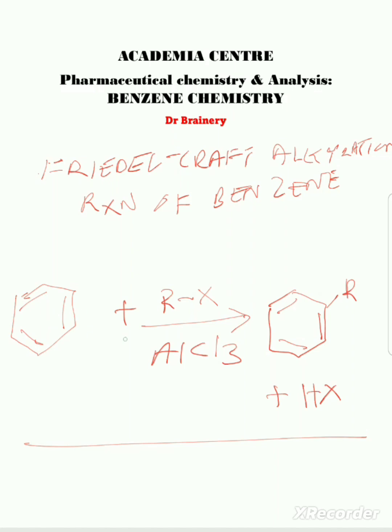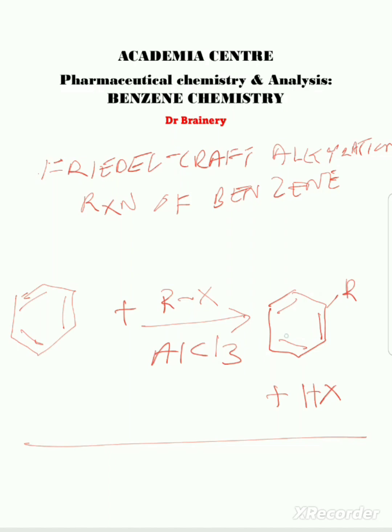So when this benzene reacts with any alkyl halide in the presence of aluminium chloride, which is the catalyst that speeds up this reaction without itself being changed, that is a catalyst. So we need to have the same aluminium chloride at the end of our reaction.